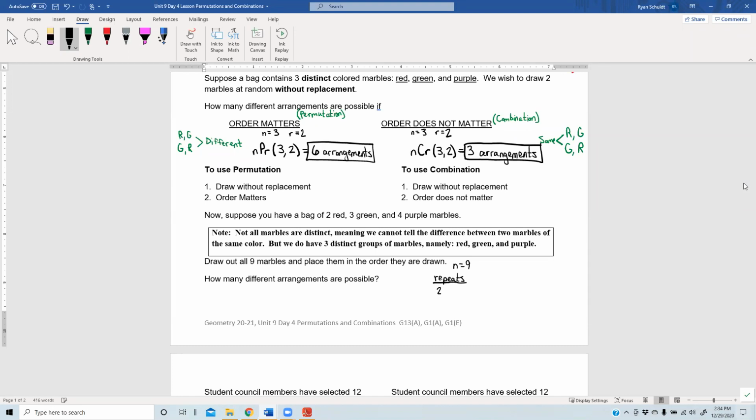So I'm going to have 2 red, 3 green, and 4 purple that are all repeats. To find how many different arrangements, I'm going to do 9 factorial, and then divide by my repeats: 2 factorial times 3 factorial times 4 factorial.